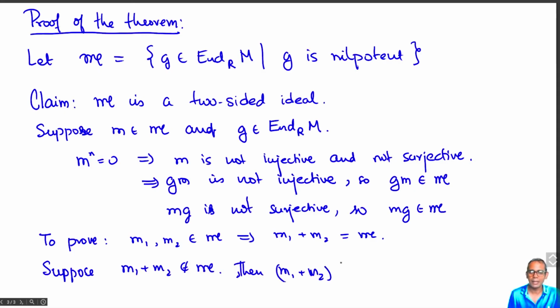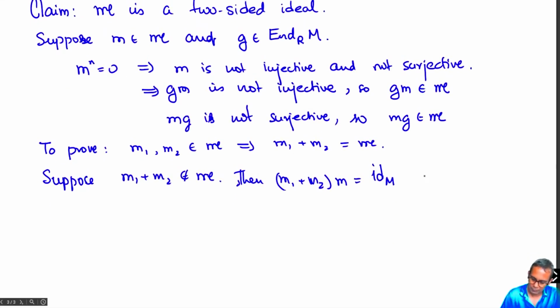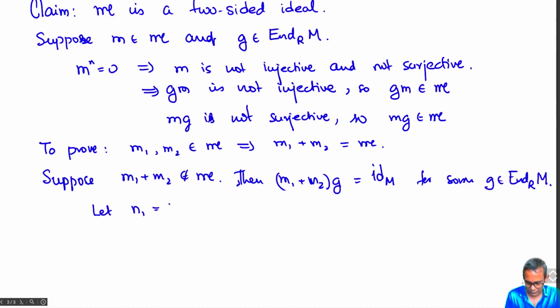So I can find some element g in End R M such that (m1 plus m2) times g is the identity. Okay, and let's call n1 equals m1 g, n2 be m2 g.